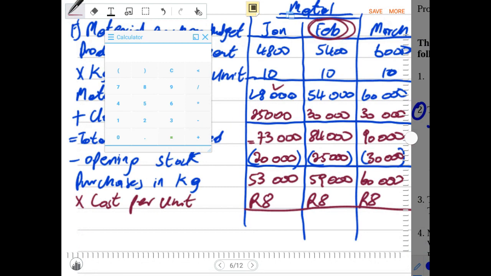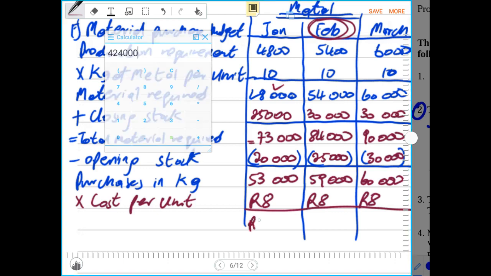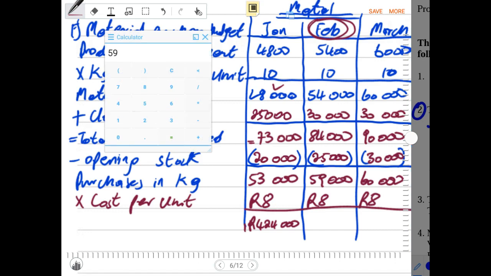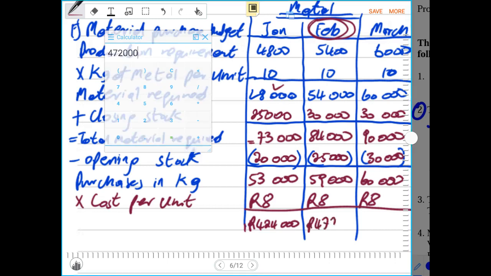Therefore now that will be 53,000 kgs of metal times that by 8, and it will give us 424,000. Then after we say 59,000, we multiply that by 8, and it will give us 472,000.